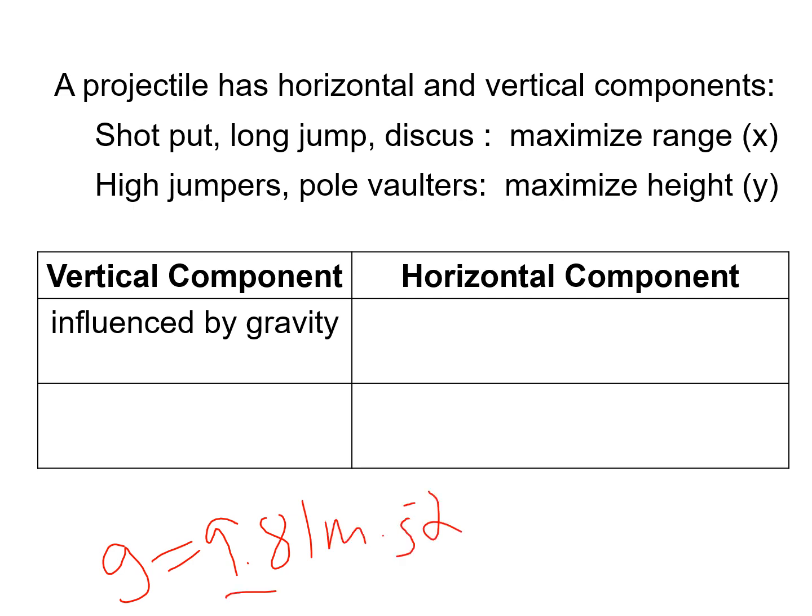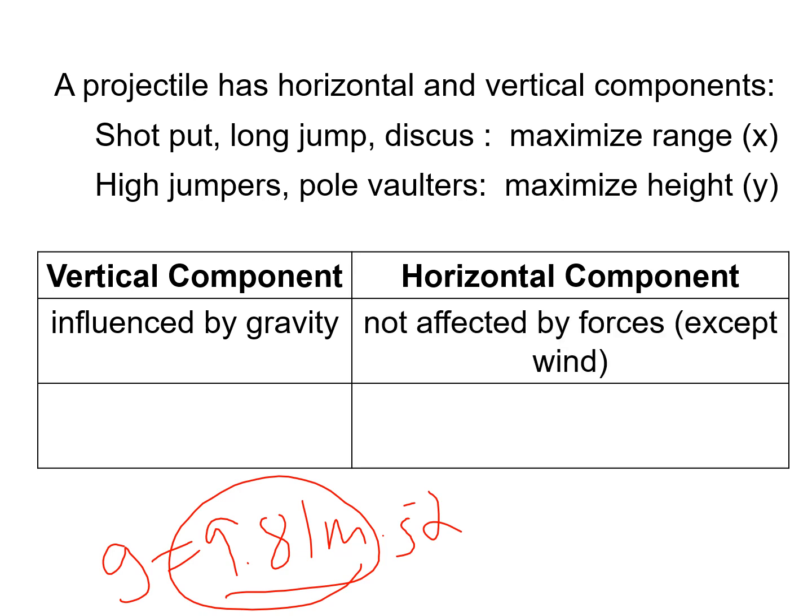It's always this on Earth, or you can use 9.8 because the difference is insignificant. Our horizontal component is not really affected by forces except wind, but we are not considering those for this class.